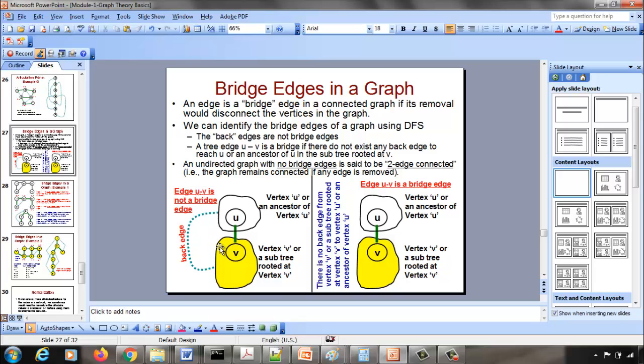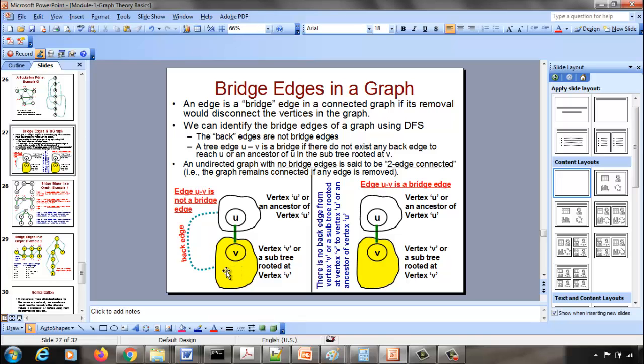What we now need to look at is the subtree rooted at that downstream node, including V and anything further down. So the rule is this: from this subtree, there should not be any back edge coming out of it going to either U or above U. That means all back edges associated with the subtree should originate and end within that subtree.